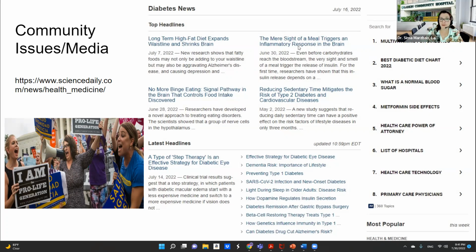I've searched by diabetes in this magazine, and I found these items. You can see to what extent those are advanced. For example, high fat diet expands waistline and shrinks brain. It's 2022. New binge eating signal pathway in the brain that controls food intake discovered.